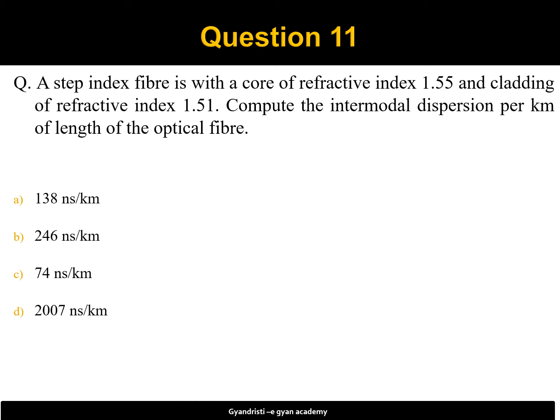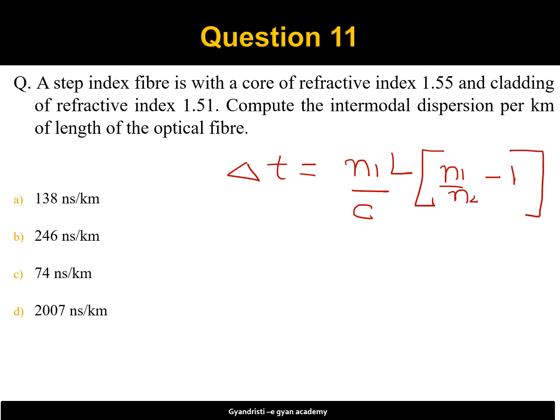The expression for intermodal dispersion is delta T is equal to N1 L by C in bracket N1 by N2 minus 1. Here N1 is the refractive index of core, N2 is the refractive index of cladding, L is the length up to which dispersion is calculated, and delta T is intermodal dispersion.